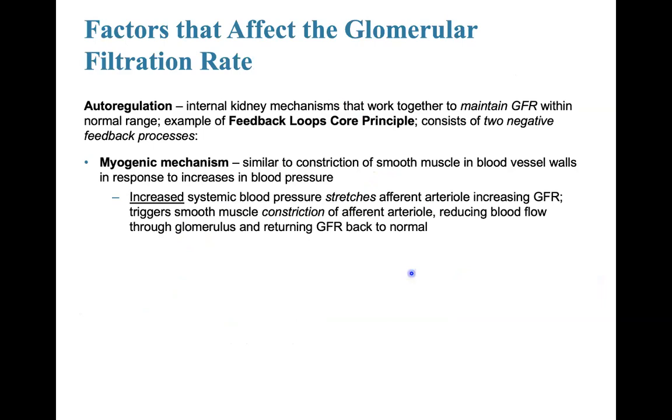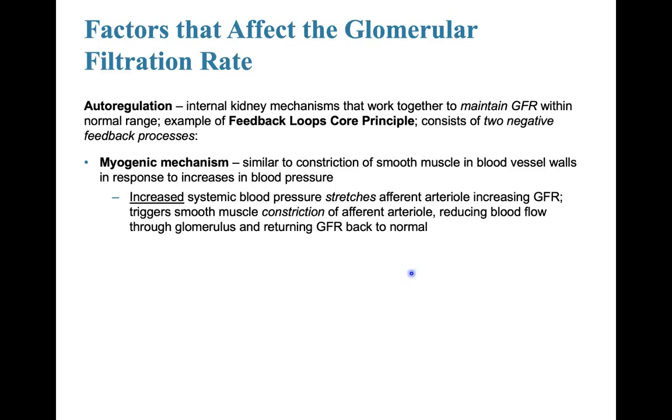So, factors that can affect the glomerular filtration rate. Autoregulation: you have internal kidney mechanisms that work together to maintain the GFR within a normal range. We have what's referred to as the myogenic mechanism.